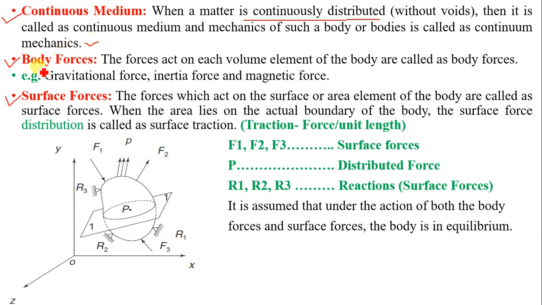Then body forces. Now to consider the body forces and the surface forces, we will go through this figure. In this figure, a body is placed with reference to three reference axes x, y and z. This is the origin of the reference system, and this is the object. This object is supported by three supports R1, R2 and R3.